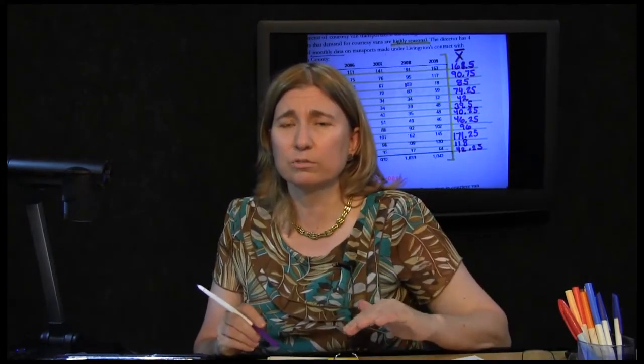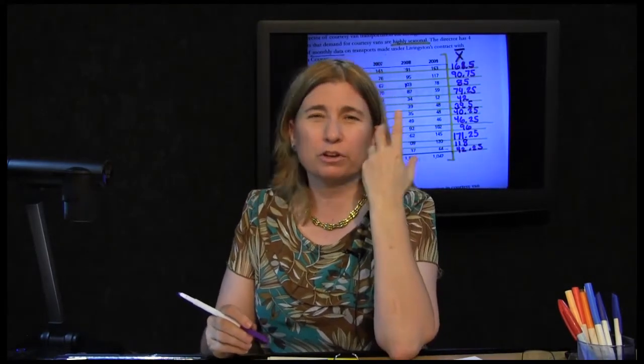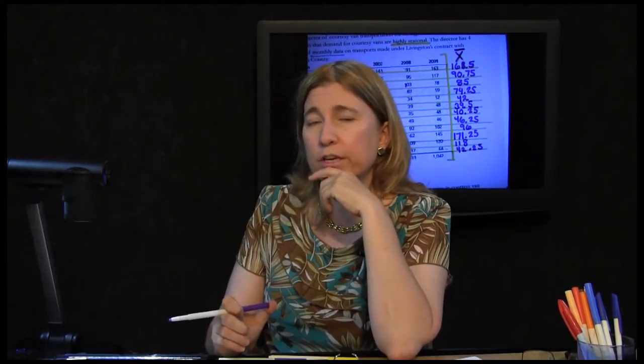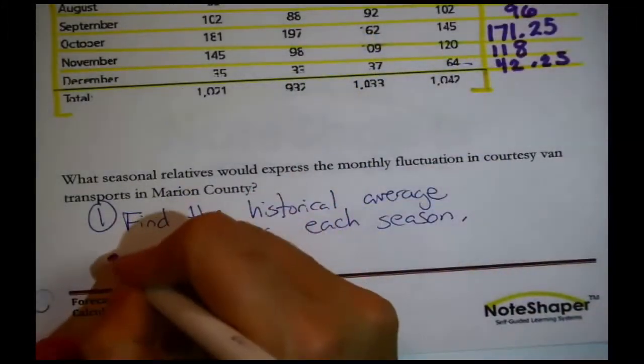These aren't the seasonal relatives by themselves. We just need them for the seasonal relatives. While we're here, it would be convenient to go ahead and do a second step. There's another number that will be very handy later, and that is X double bar. Find the average of the seasonal averages.